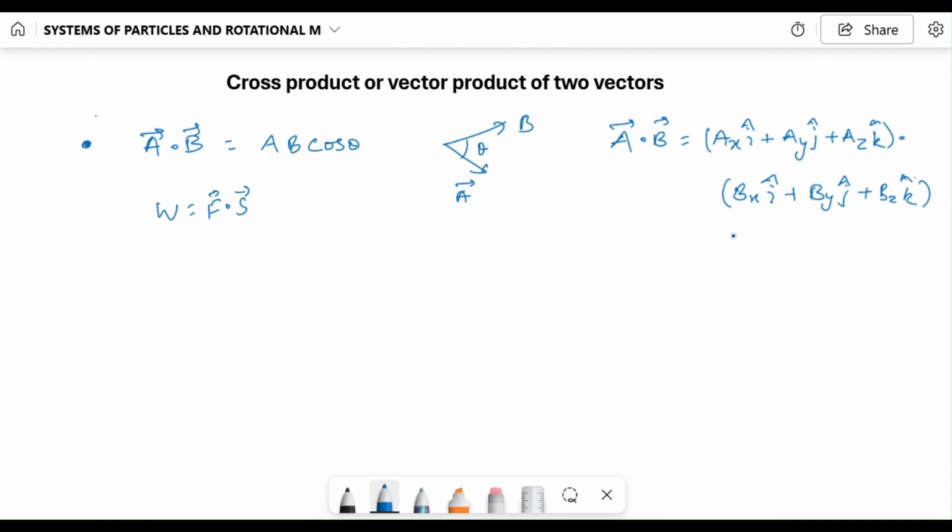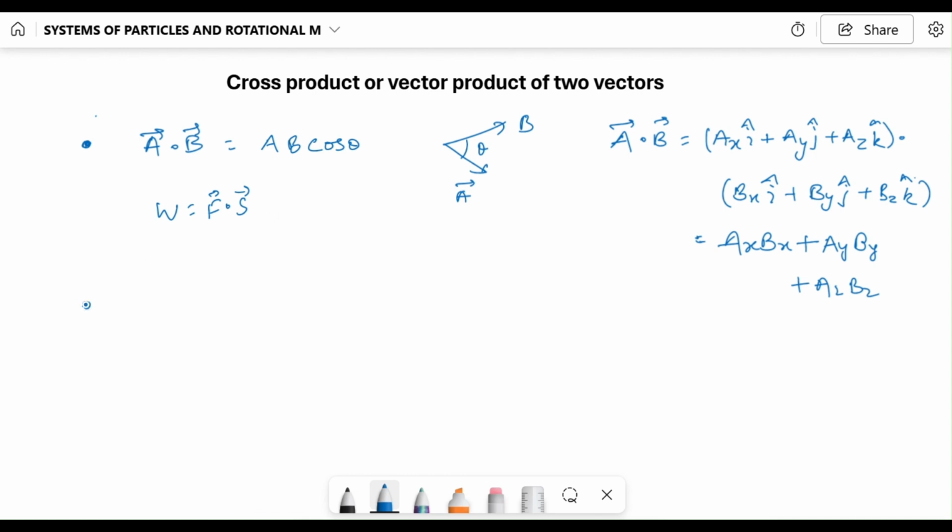After doing the dot product, only the i dot i term will sustain, while i dot j and i dot k will be 0. So AxBx plus, similarly, j dot j will sustain, AyBy plus AzBz.